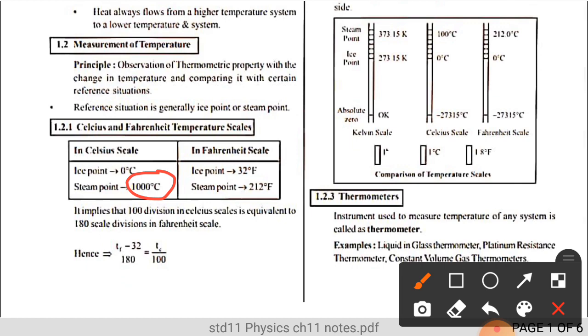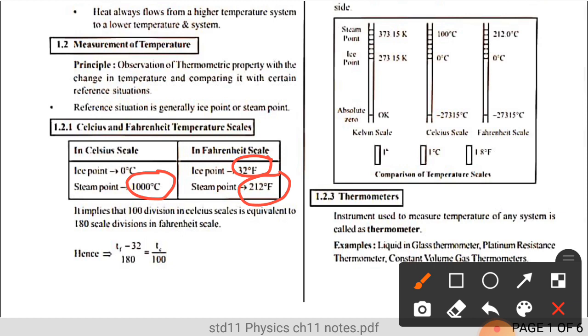Now for the Fahrenheit scale, the ice point of water is 32 degree Fahrenheit, and the steam point means water boils at 212 degree Fahrenheit, right?